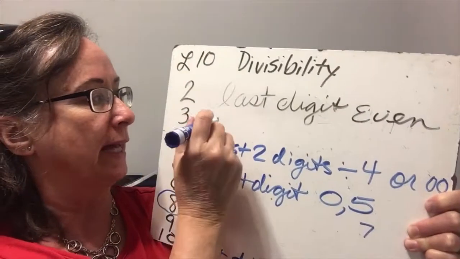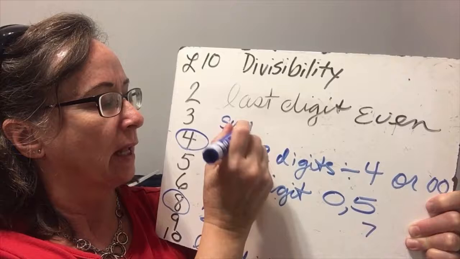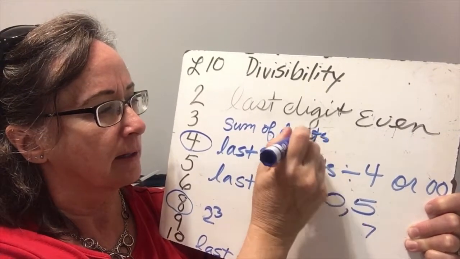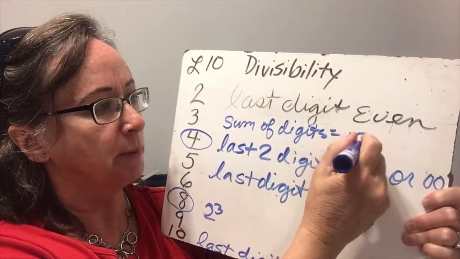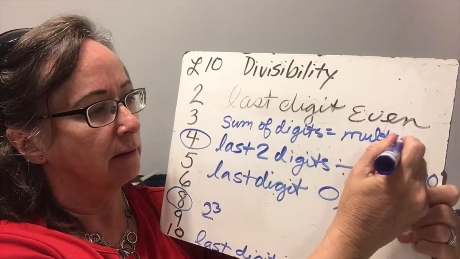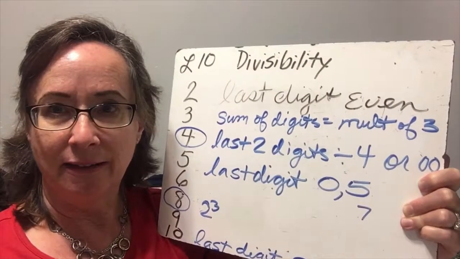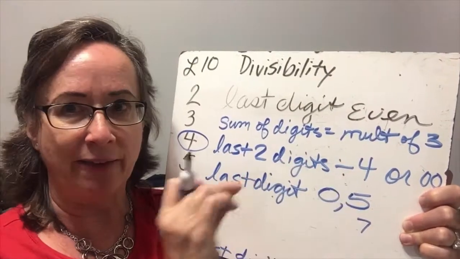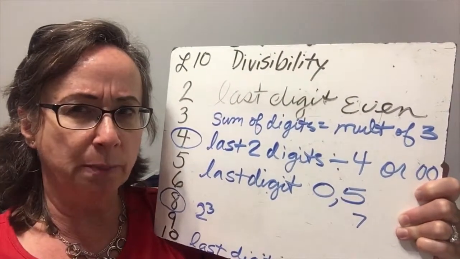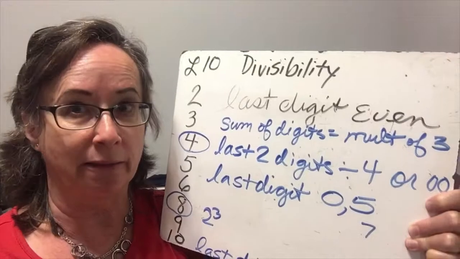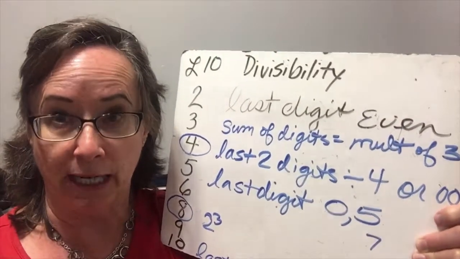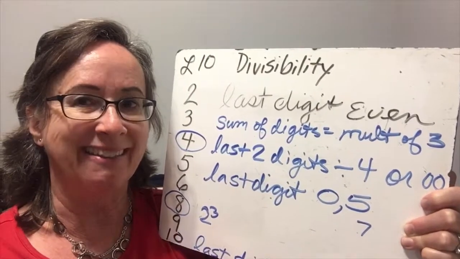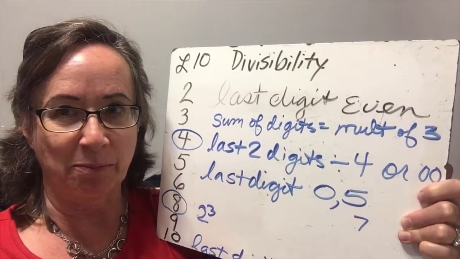Okay, so number 3, if the sum of all the digits equals a multiple of 3, then the whole number is a multiple of 3. If I add them all up, and it equals a multiple of 3. So multiples of 3 would be like 3, 6, 9, 12, 15, 18, so forth and so on. If all of the digits add up to one of those numbers, then the entire number is divisible by 3.